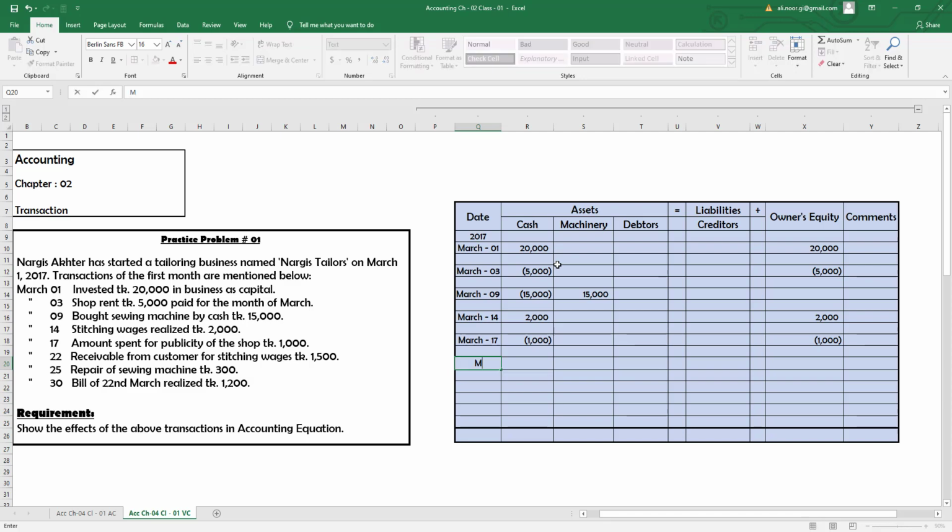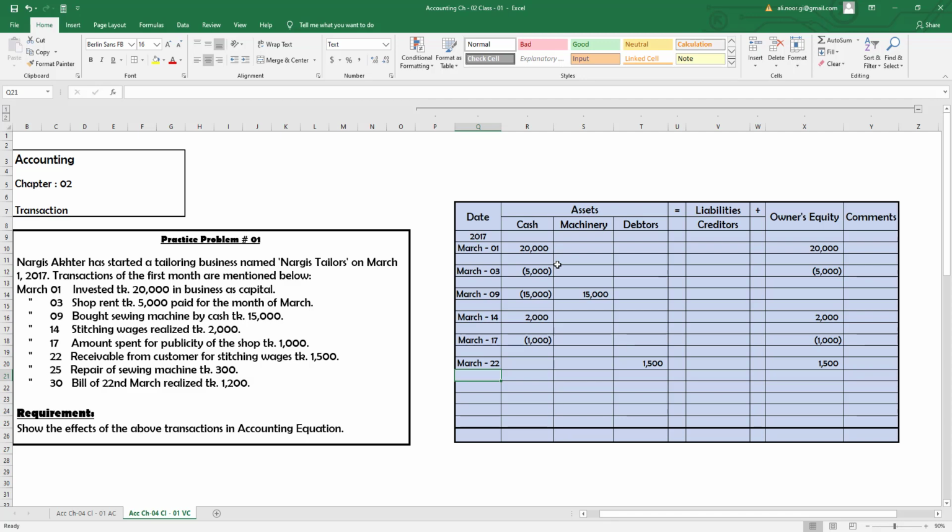So by the transaction of March 22, debtors increase by 1,500, and since it is revenue, owner's equity also increases by 1,500.